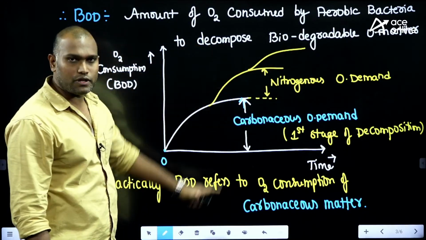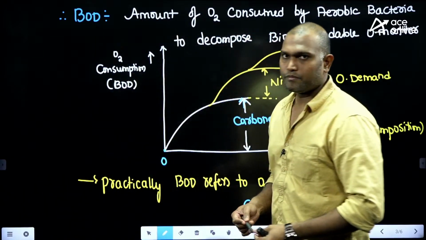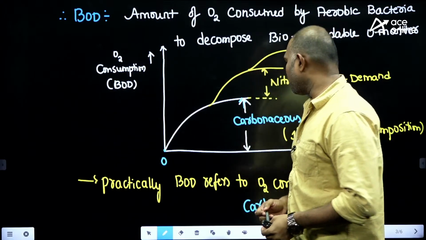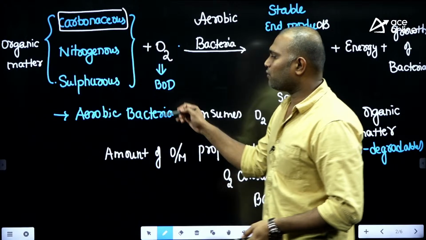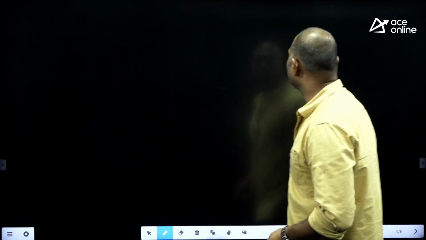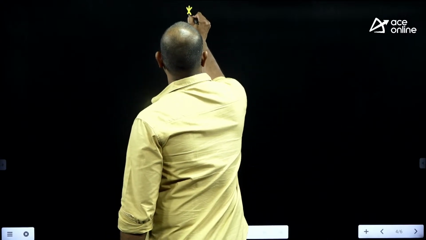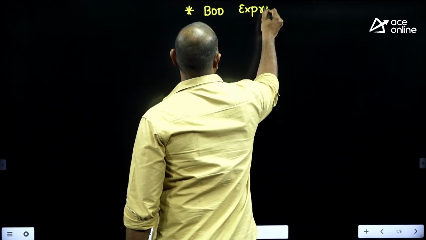So, with the help of this, now let's see how to find out the BOD by means of a BOD expression. So, this is the background that I want to suggest to you. Now, let's see how to find out the BOD, that is by means of the BOD expression.